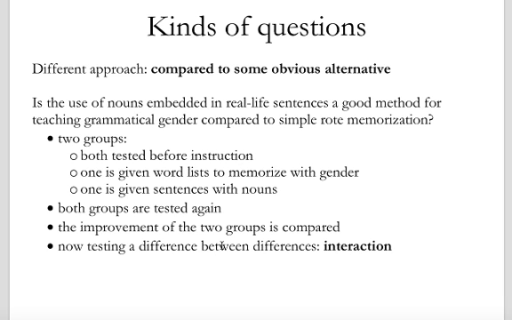Right? So the question here is not just does this help teach gender, but does it help teach gender better than some obvious alternative? Now with our experiment, all of a sudden, we're testing a difference between differences, right? So the difference between pre-training performance and post-training performance between the control group and the experimental group. And this is called an interaction design.